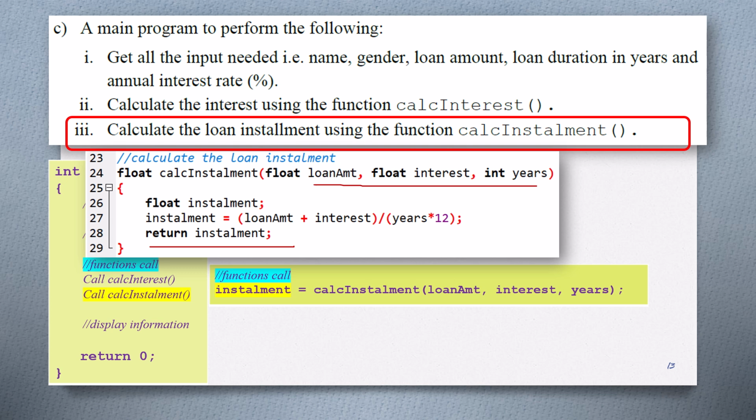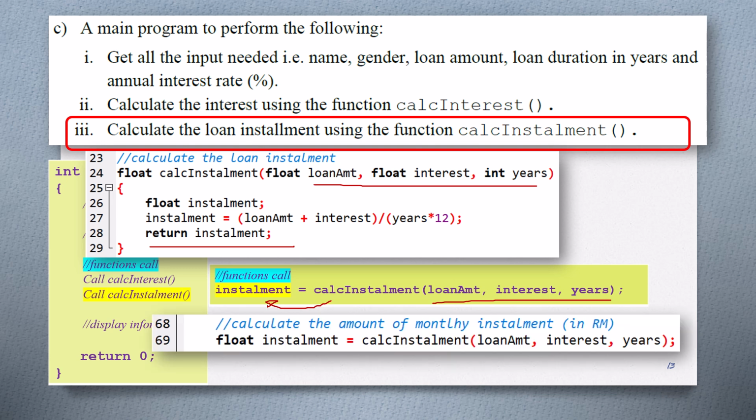We need to pass three values, loan amount to loan amount, and then need to store the return value into a location. So in this case, we use installment. Since this is a new location, we can declare here float installment, indicating that we have a new variable.